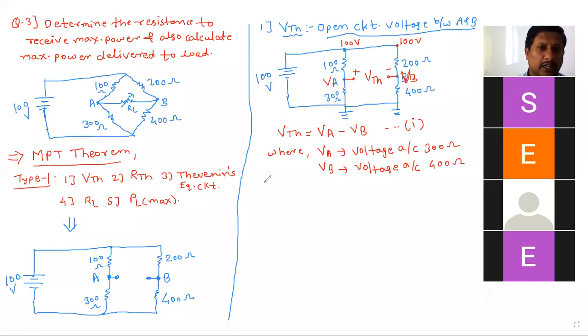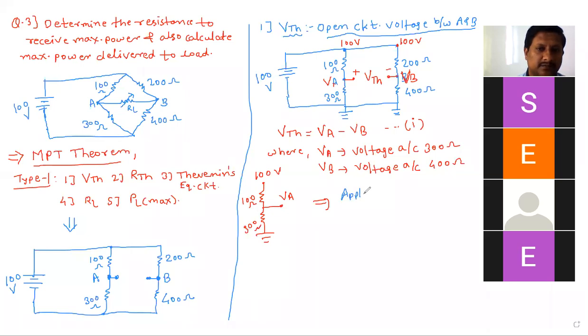Now VA we have to calculate. For calculating VA, this is 100 volt. So first of all, we can take first branch. This is 100 ohm and this is 300 ohm. And the voltage across this is VA. So apply the simple KVL, voltage division.